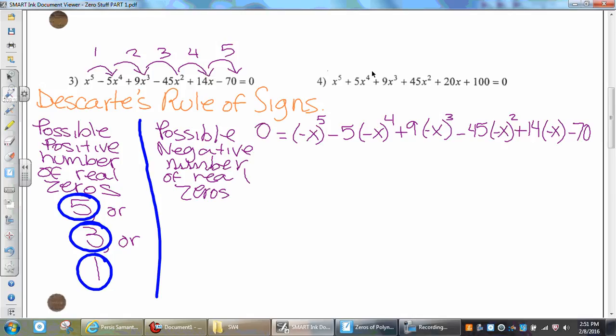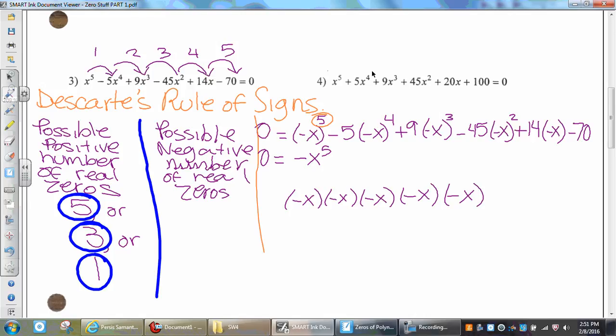All right, now you should know that anytime you have an odd number for the exponent, the answer from here is going to be positive or negative? Negative, okay? So let me show you why. Because you're multiplying negative x times negative x times negative x times negative x times negative x, right?